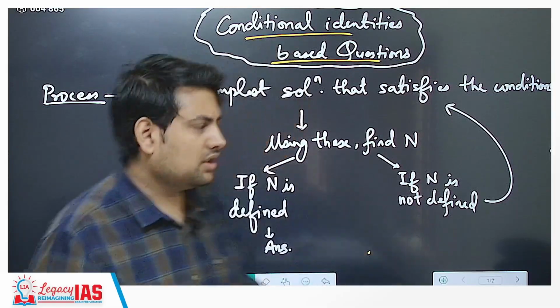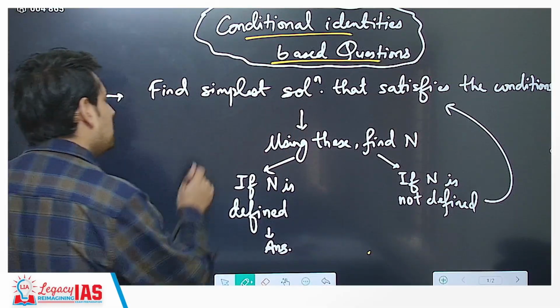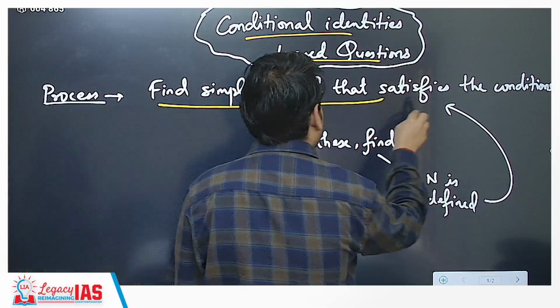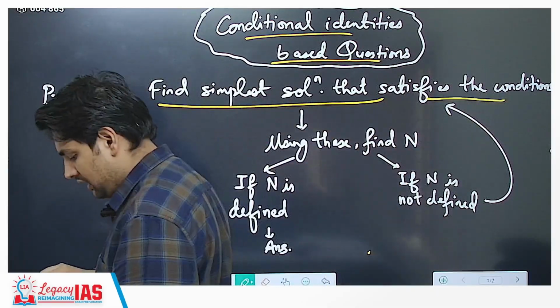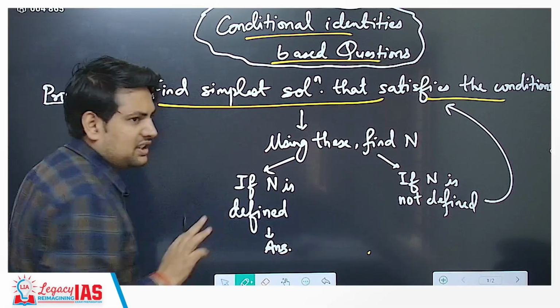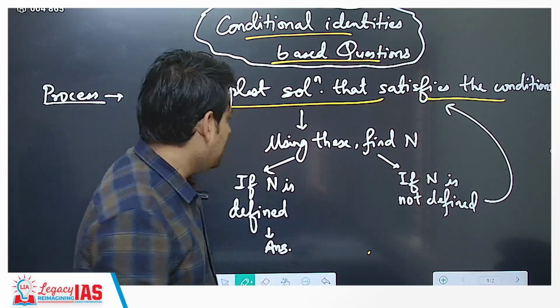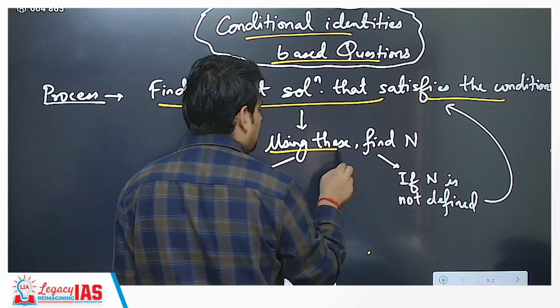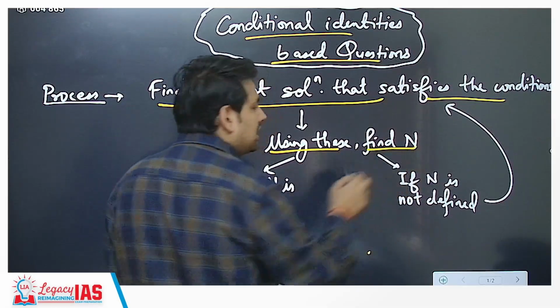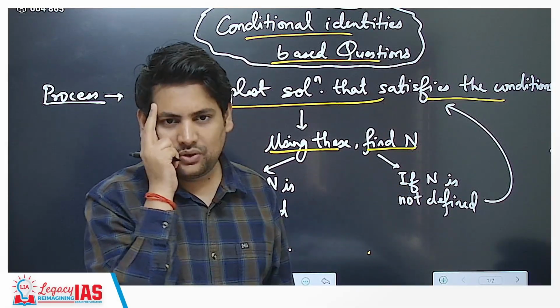Same thing you have to do here also. So first thing that you need to do is just find the simplest solution that you think can satisfy these conditions. Once you get that simple solution, you just find, using all these values, the value of N, whatever is asked from you.